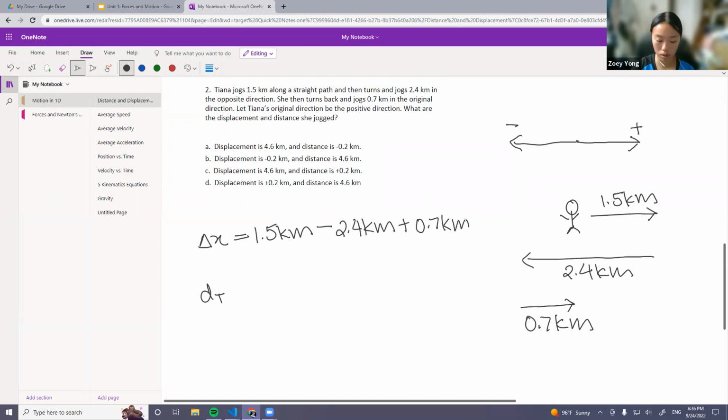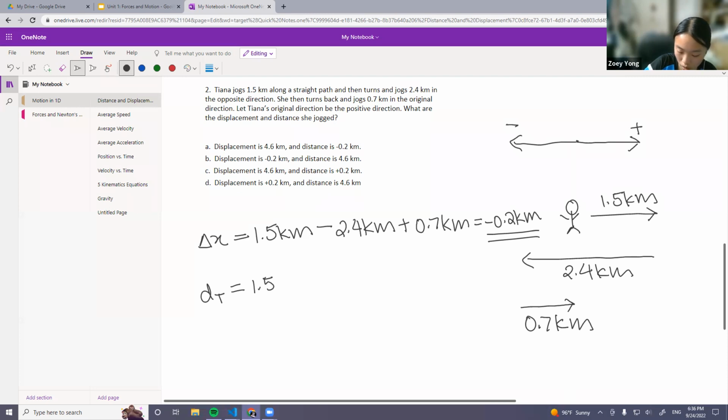If you do all the math in your head or with your calculator, you're going to get negative 0.2 kilometers for displacement. And then distance traveled, which is the easy one, just add everything.